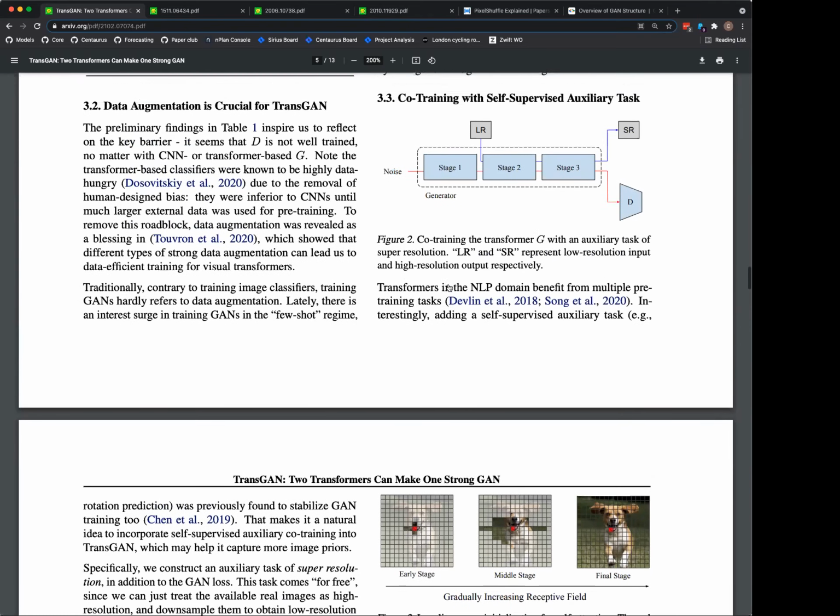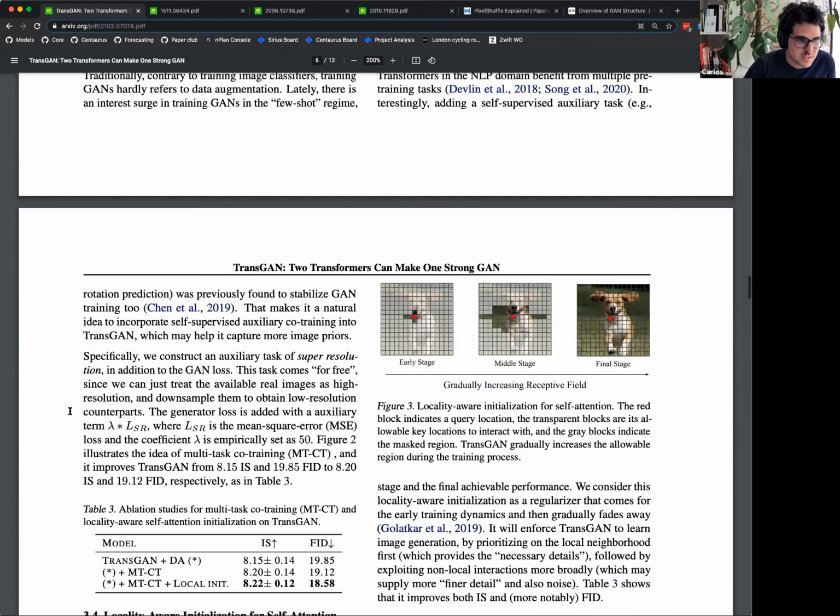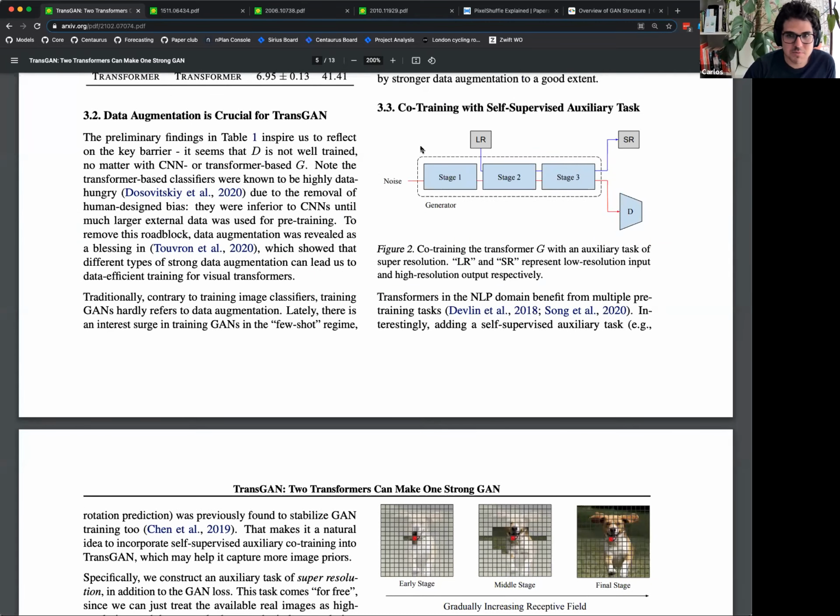So when it is trying to create an image to fool the discriminator, the image, wait. Yeah. So how do they link the two training processes? So they have an extra loss, this super resolution loss, but they're not clear about what happens, because I don't know if you have this red line here that goes into a discriminator, and then a separate run that goes to the super resolution.